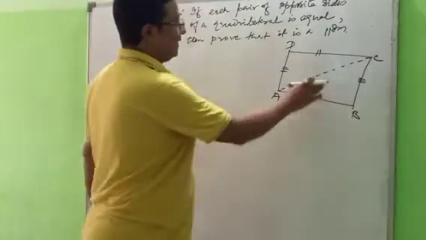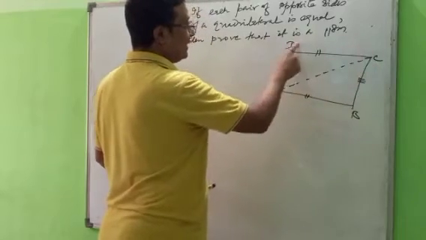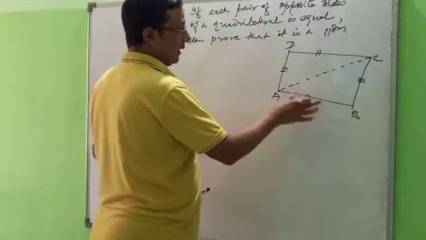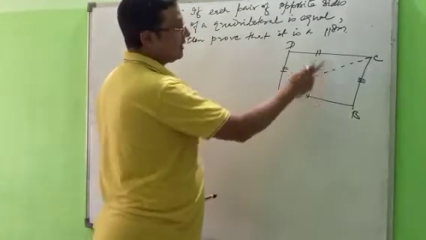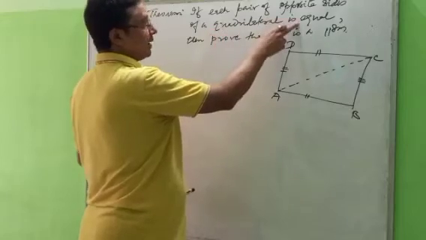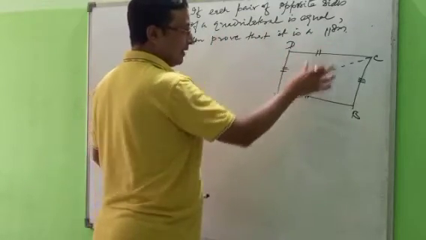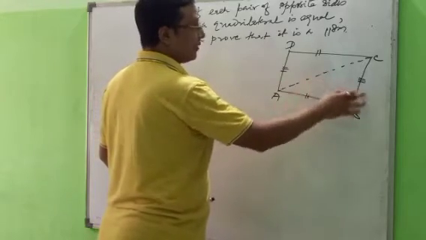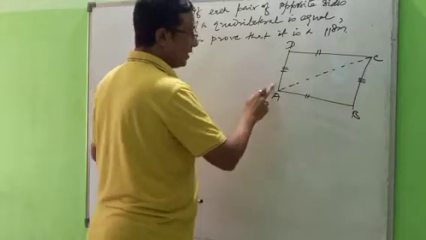Let us take the triangles ABC and CDA. AB equals DC, because this is given: each pair of opposite sides is equal. This is the first pair, this is the second pair of sides, so they are equal. Secondly, BC equals AD.